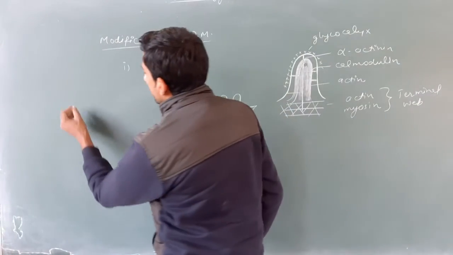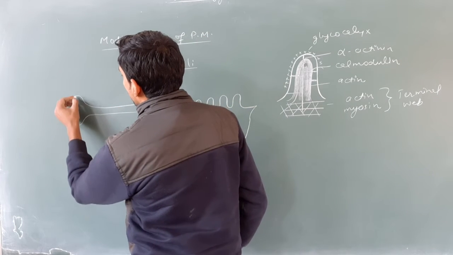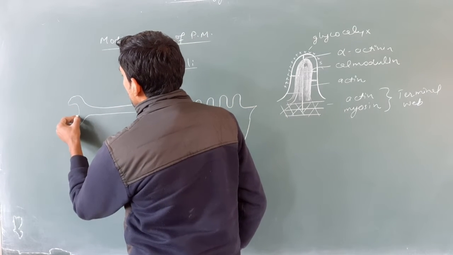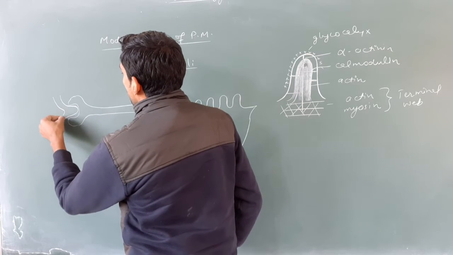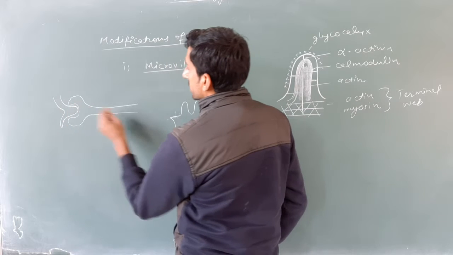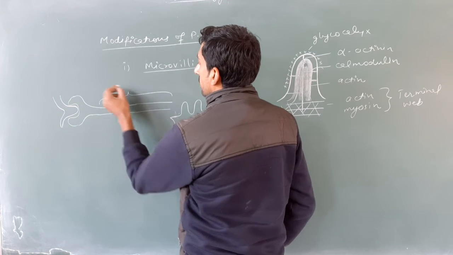The renal tubular cell is found in the renal tubule. For example, if this is a nephron, then it has two parts: one is the renal corpuscle, another is the renal tubule.